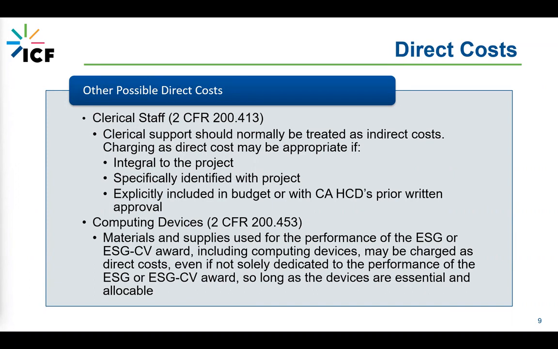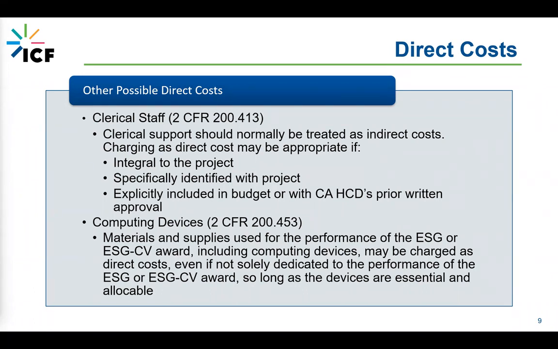However, it can be classified as a direct cost if the time spent by the clerical staff is integral to the project, if it is specifically identified within the project, and if it's included in the budget. Likewise, computing devices are often used for more than one program or purpose, which would typically appear as an indirect cost.